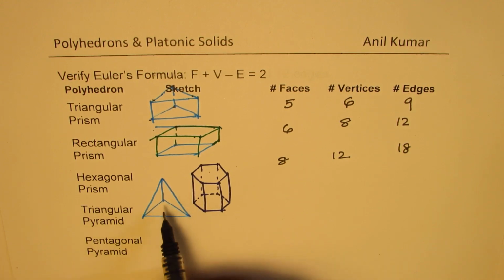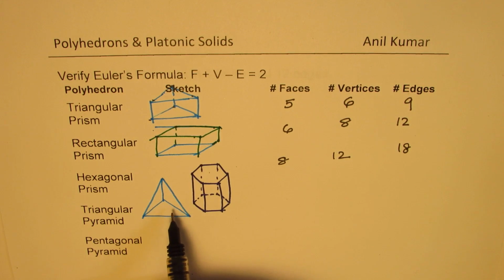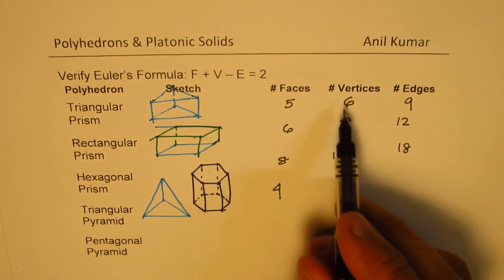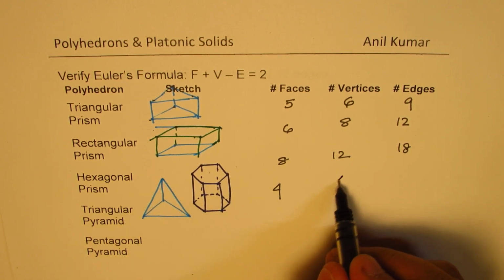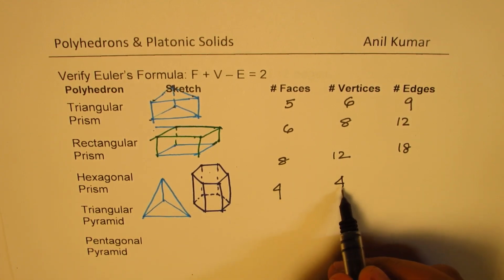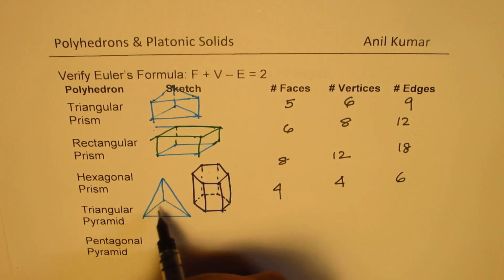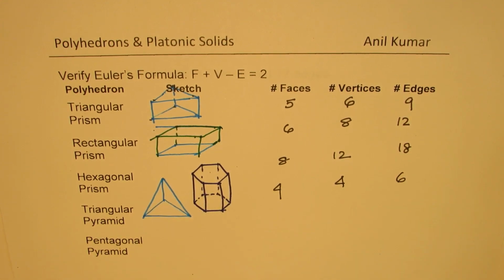Now in this case, the number of faces is 1 triangle in the base, 3 on the side, all triangles, 4 in all. As far as the vertices are concerned, we have 1, 2, 3 and 1 more, 4. 4 plus 4 is 8. We are expecting how many edges? 6. That is true: 3 in the bottom and 3 standing. So it works.